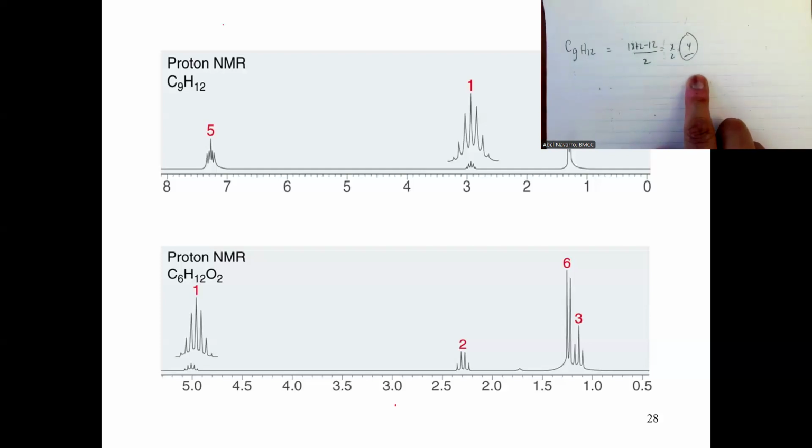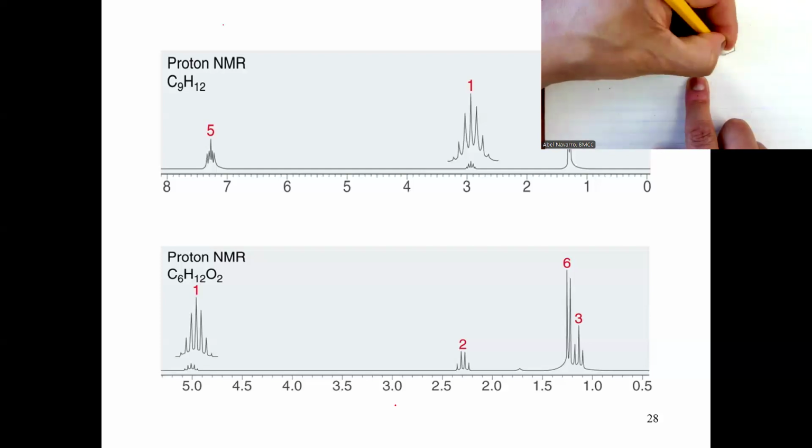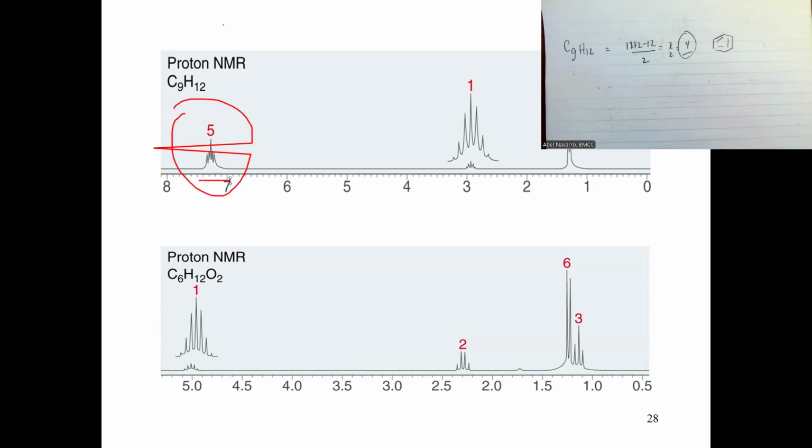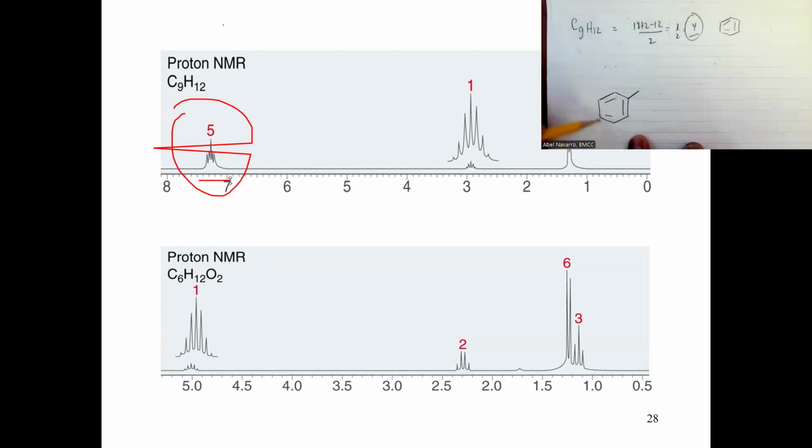Remember what we said about 4 DUs? That most likely you have a benzene ring. And I can corroborate that because I have 5 hydrogens in the aromatic region. So that gives me a hint that I have a benzene ring that has only one substituent, because that's the only way I can have 5 hydrogens.